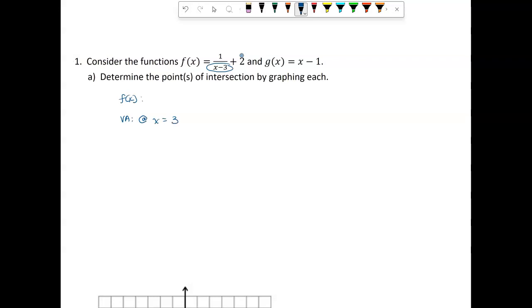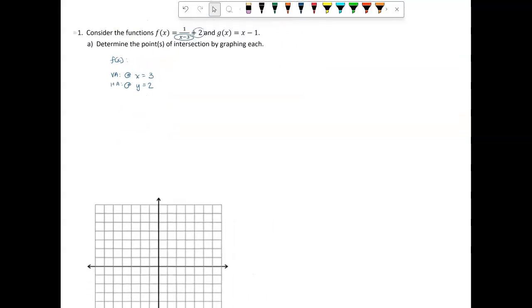Then we look at the horizontal asymptote, which usually happens at 0 for the parent function, but because it moved up 2 units, the horizontal asymptote is now at y equals 2. There's no dilation, so it's just the parent function shifted to the right 3 and up 2.